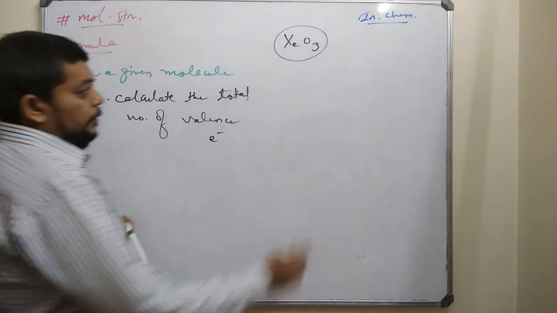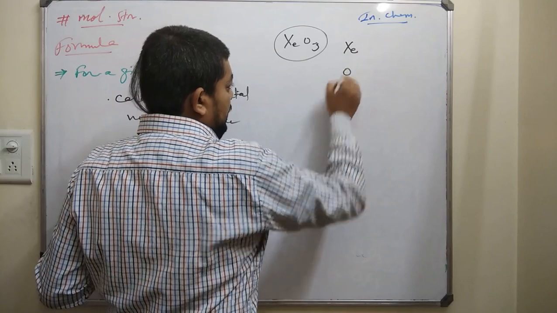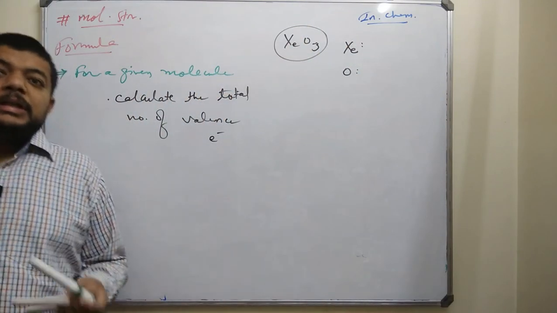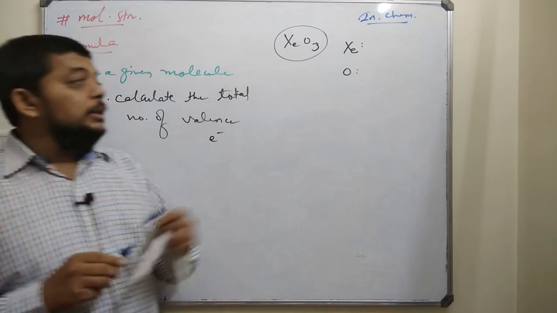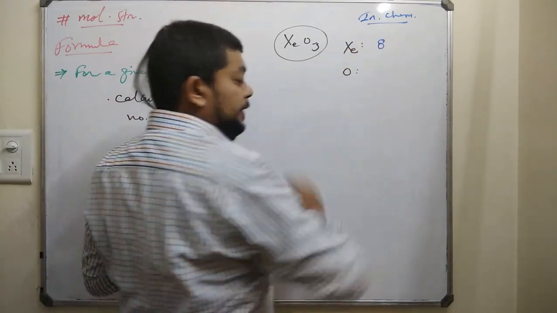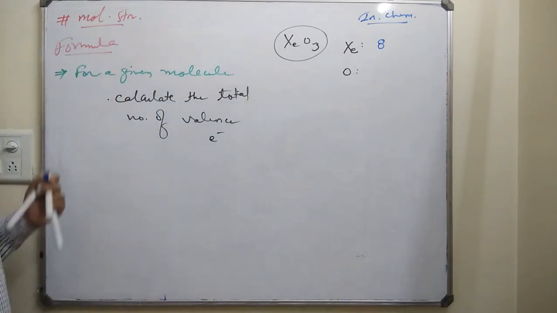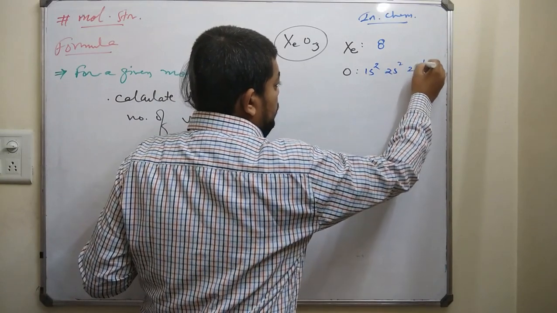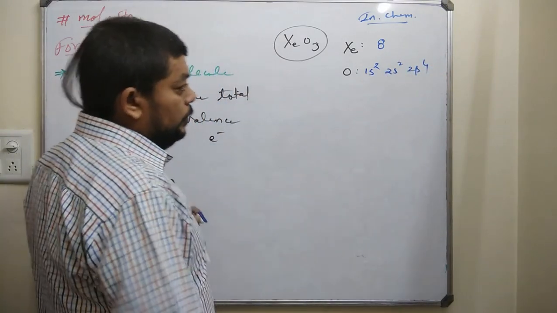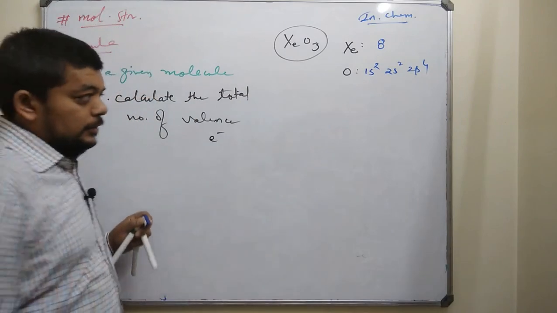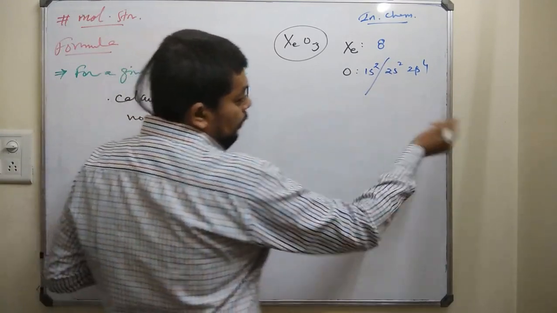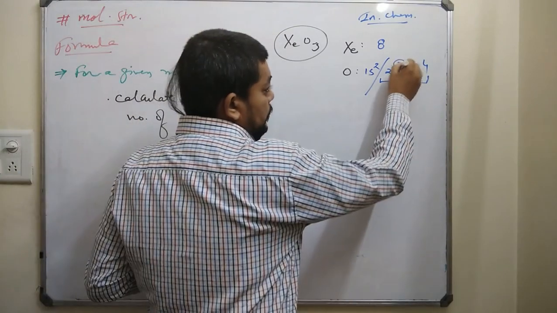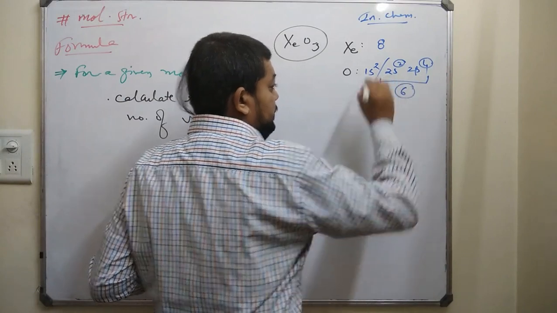We all know over here you have two atoms, one is xenon and the second one is oxygen. Always remember, for inert gases other than helium, the number of valence electrons will be 8. For oxygen, you very well know that it is 1s2, 2s2, 2p4. So it is a total of 8 electrons, but 1s2 is the inner shell, and only the outer shell is considered the valence shell, so the total number of electrons in the valence shell will be 6.